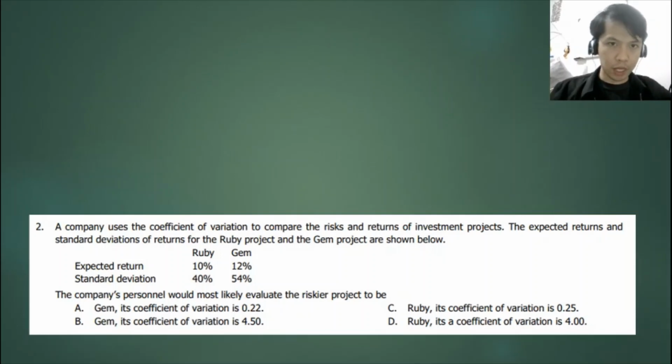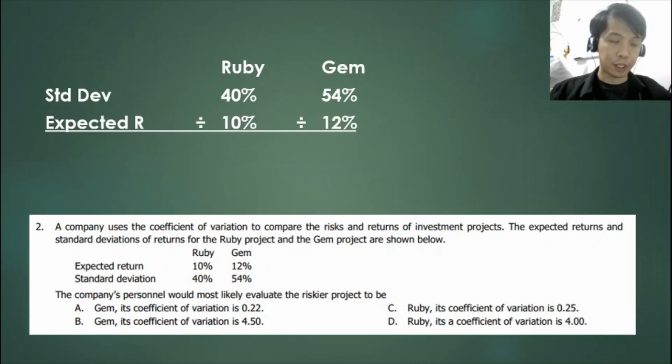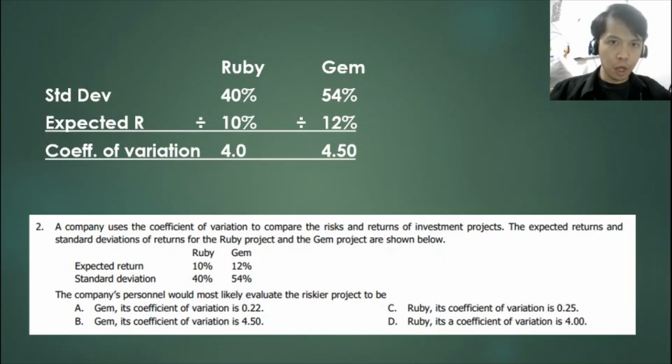So what we can do here is to divide the standard deviations of the two investments, Ruby and Gem, with 40% and 54% respectively, by the expected return of each of these investments, 10% and 12% respectively. We call this the coefficient of variation. So when we are going to compare the relative riskiness of two investments, especially with different expected returns, we have to calculate the coefficient of variation.